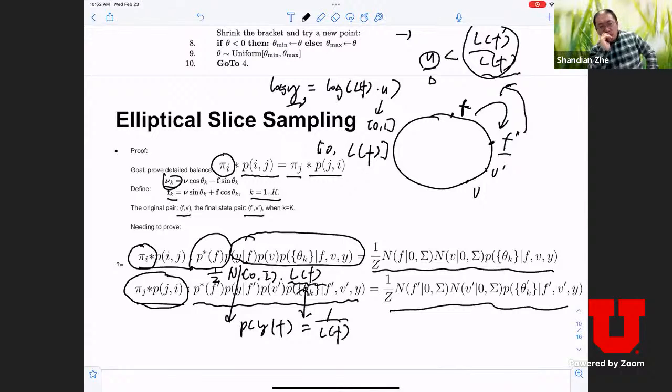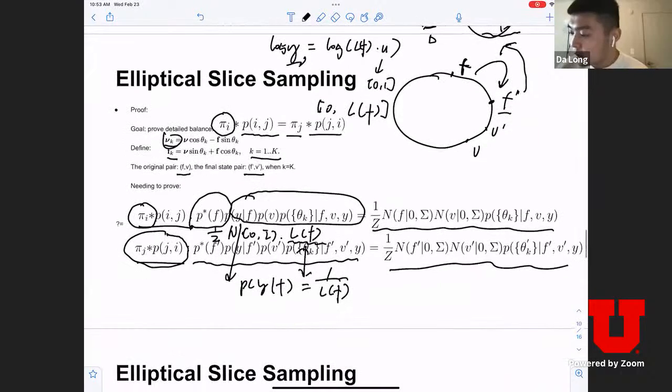Also, the likelihood term is cancelled. V and V prime are sampled independently from the prior. And when you sample back, the joint probability of those theta k's doesn't change. Yeah, you're right.